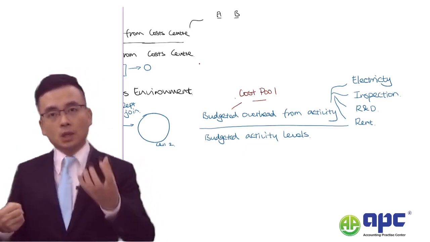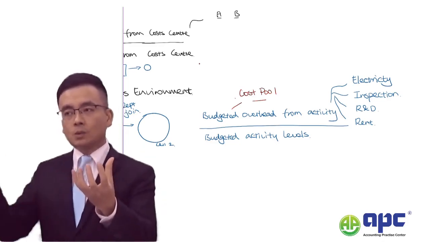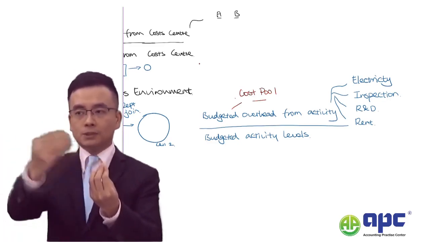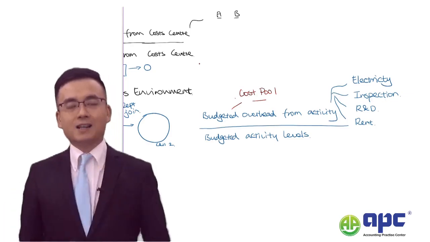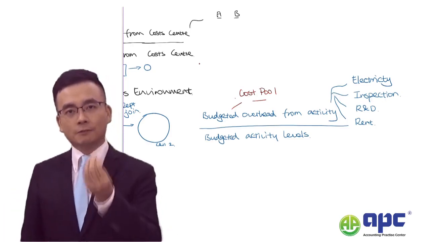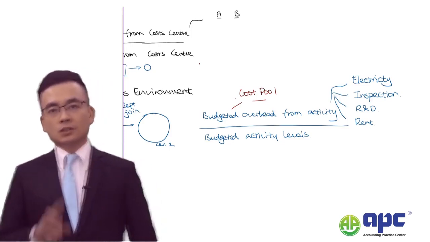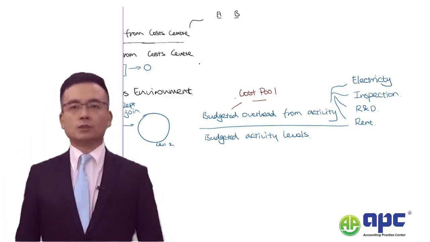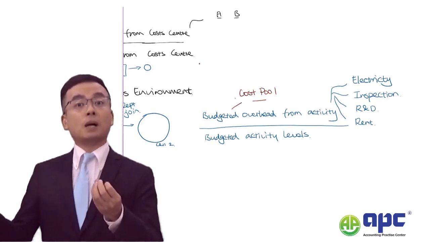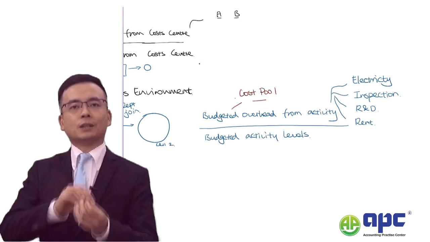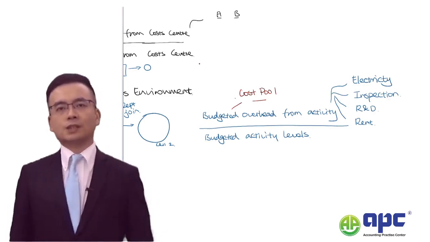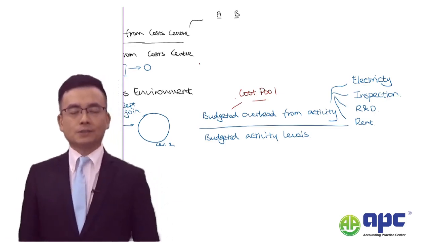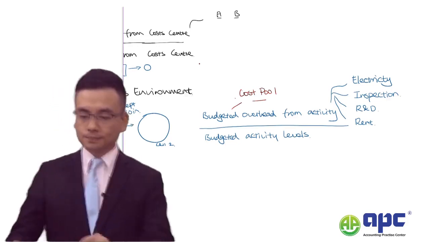For example, within the inspection activity, we'll need effort from the general manager, inspection department, production department, and even the warehouse. Each activity will need 4 departments, for example. So what you need to do is try your best in an arbitrary way to link overhead from each of the departments in turn into this activity. That will be quite arbitrary, and that will give rise to inaccurate estimates of the costs.